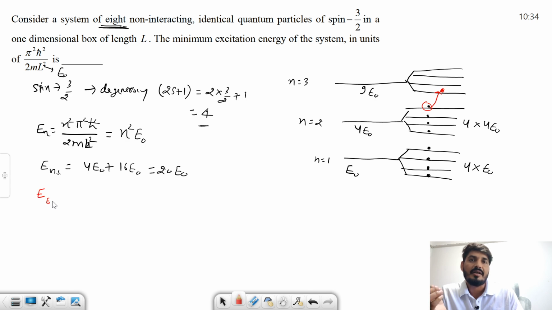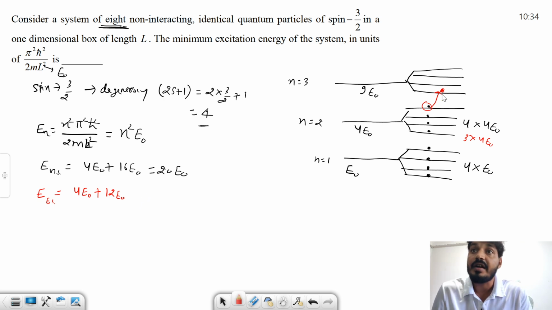Energy in the excited state. Ground state पे देखिए कोई फर्क नहीं पड़ा, sorry, for n equals 1, that is as it is 4 E naught plus. यहां देखिए क्या हो गया, एक पार्टिकल चला गया यहां से. Now we have only 3 particles, so can I say this is 3 into 4 E naught? So this is simply 12 E naught.